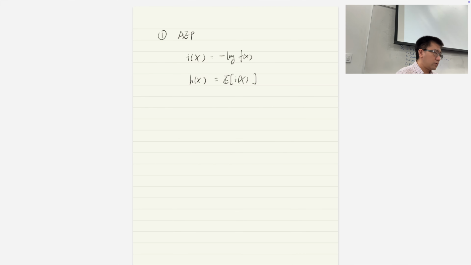In order to define the typical sequence, typical set, we have to have a bunch of independent IID random sequence.